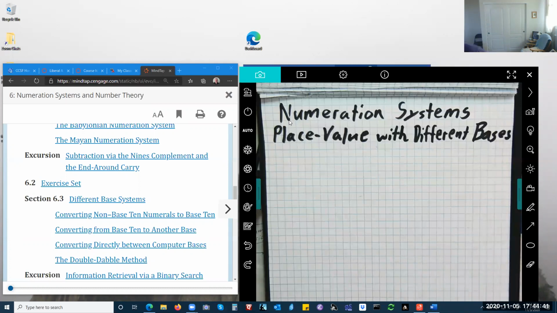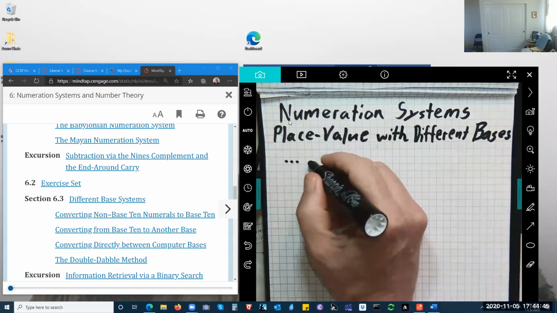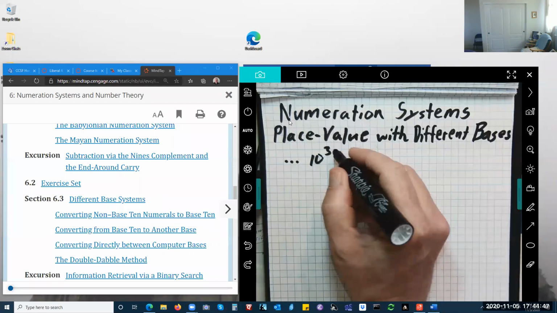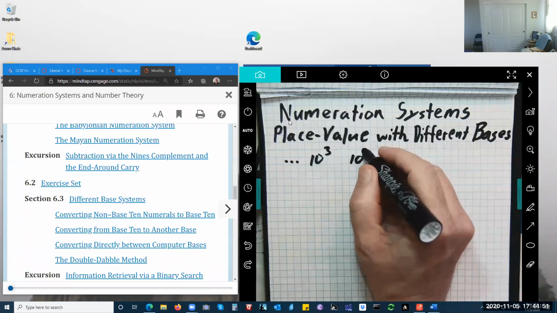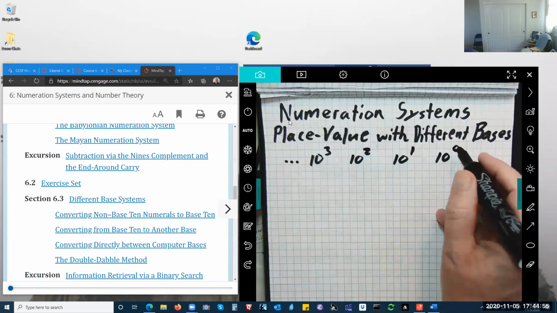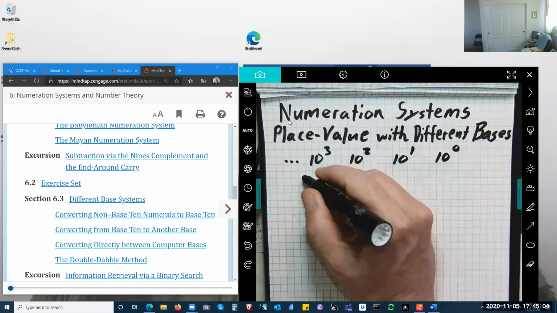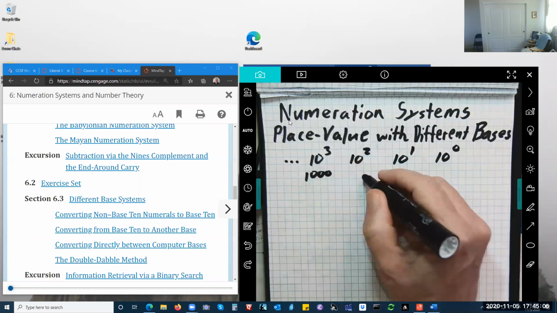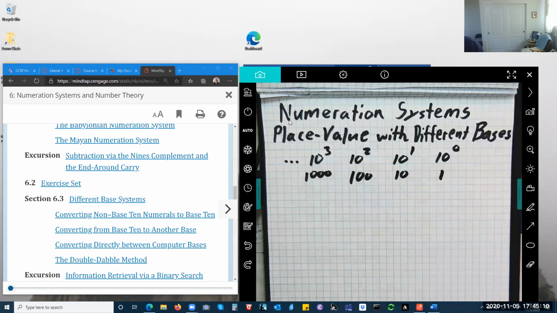So, here are the powers of 10. There's 1,000, then 100, and 10, and 1.